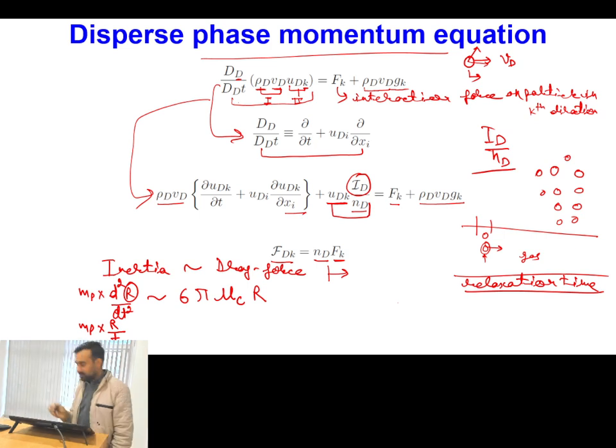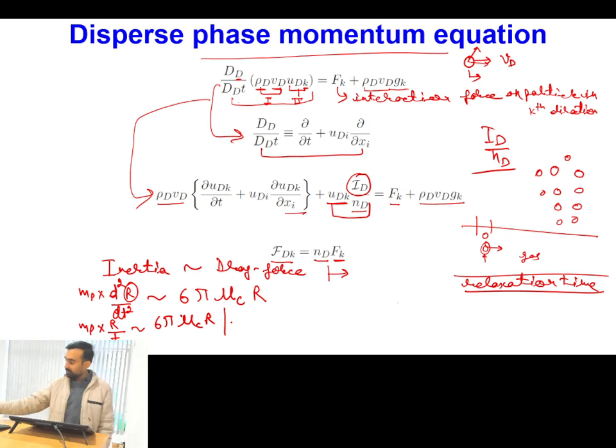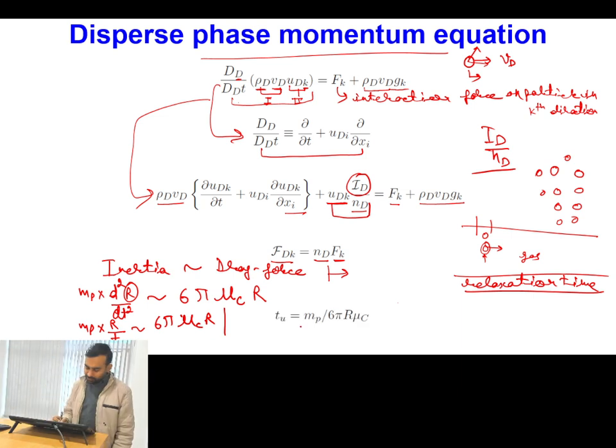Is this point clear? This will be equal to 6 pi mu c r, and balancing from here, tau u is equal to 6 m p divided by 6 pi r into mu c.